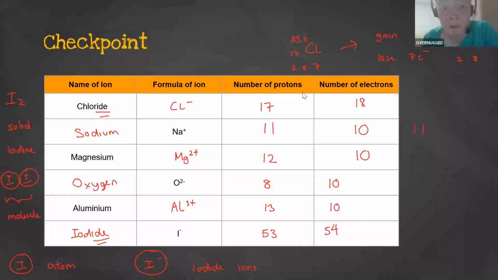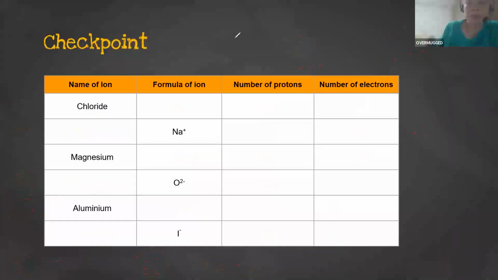What if it's hydrogen? Hydrogen ion, there's two kinds actually. So hydrogen atom, let me draw like that. Hydrogen atom. This is 1, 1. So what does that mean? I have one proton, one electron.